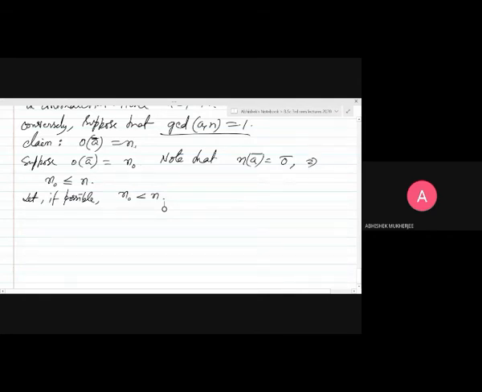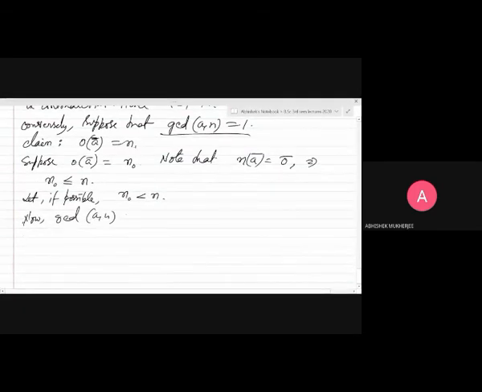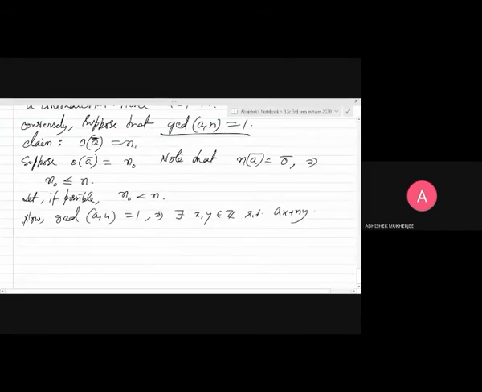So now GCD of a comma n is 1 implies that there exist x, y such that ax plus ny equals 1, right?